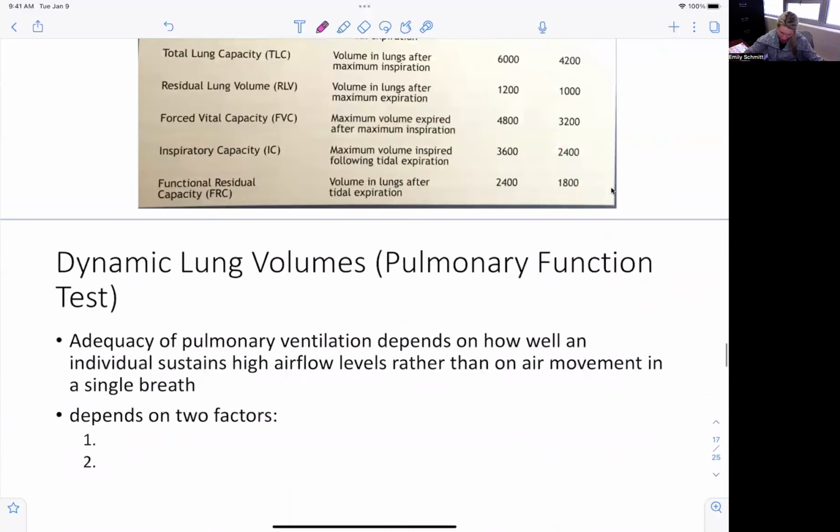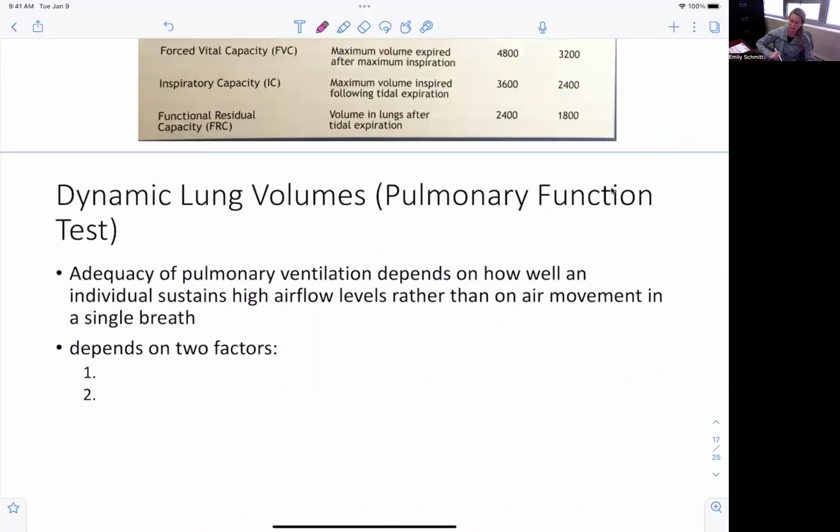So in talking about these dynamic lung volumes and these pulmonary function tests that we do through spirometry, we know that adequacy of pulmonary ventilation depends on how well an individual sustains high airflow levels rather than on movement in and out of a single breath. And so this is going to depend on two factors. The first factor is going to be the FVC, which is your forced vital capacity. And this is sort of known as the stroke volume of the lungs.